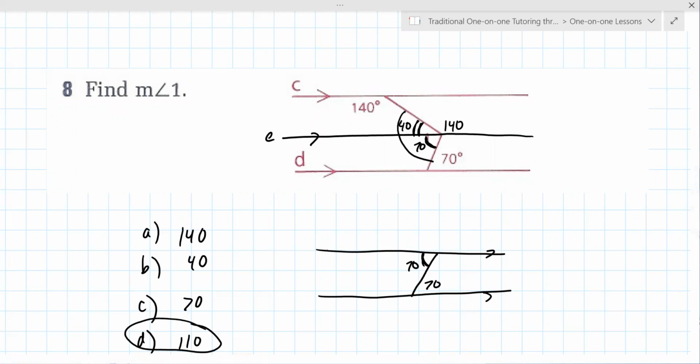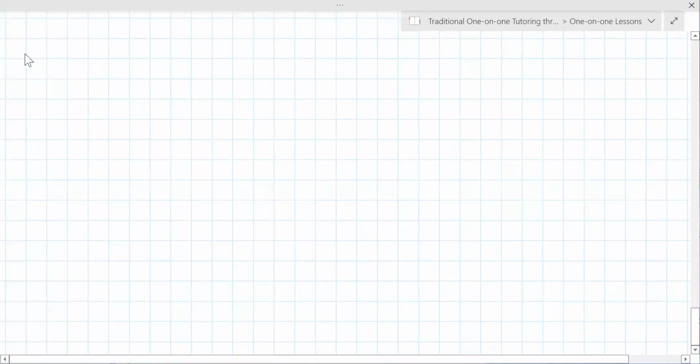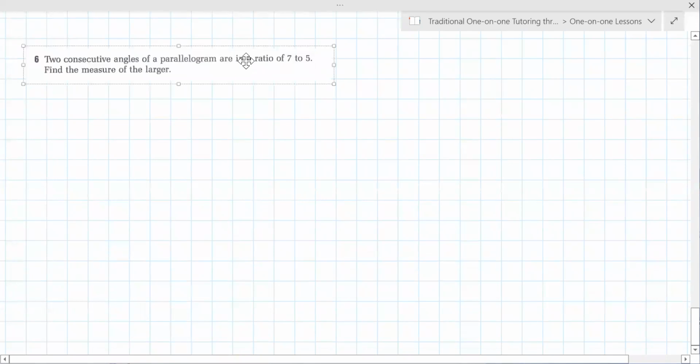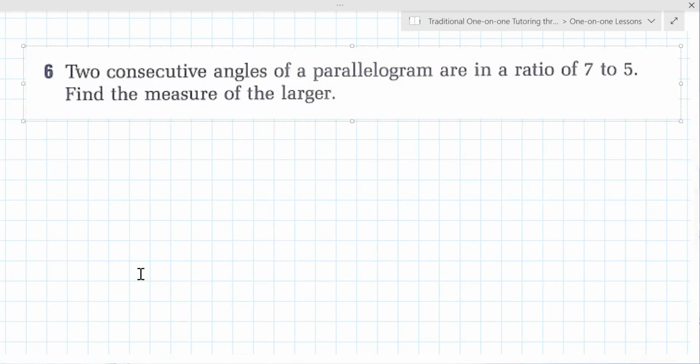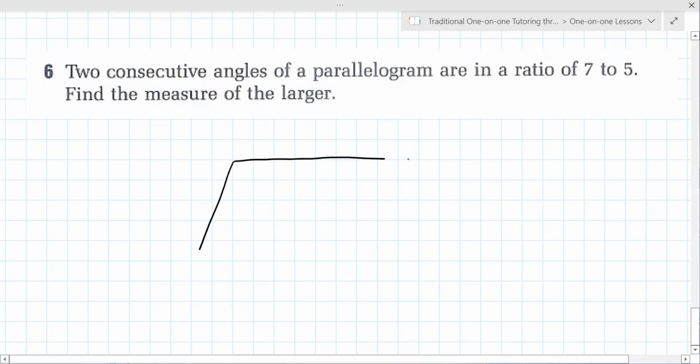All right. Here's another problem that I like. Two consecutive angles of a parallelogram are in a ratio of 7 to 5. It'd be good to draw a parallelogram, your favorite parallelogram.